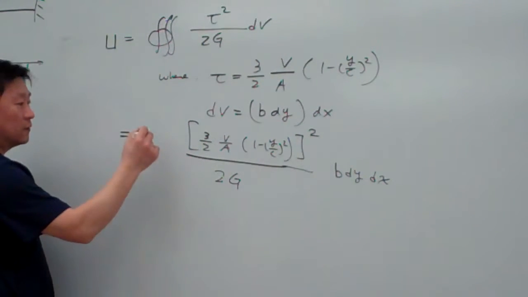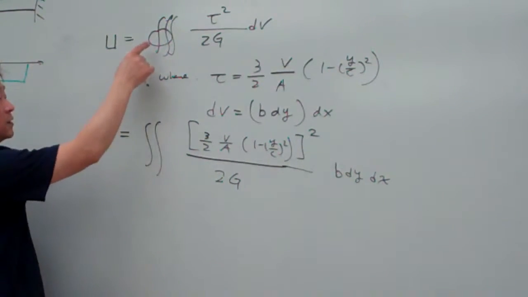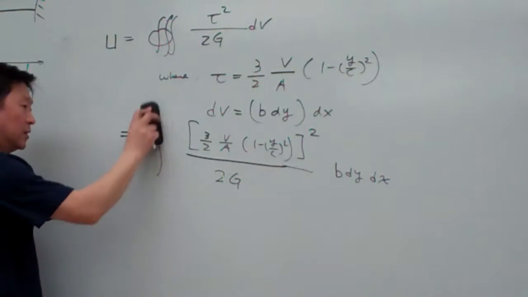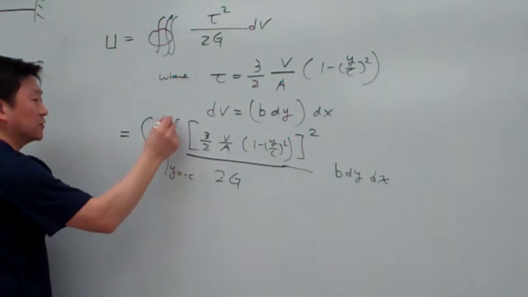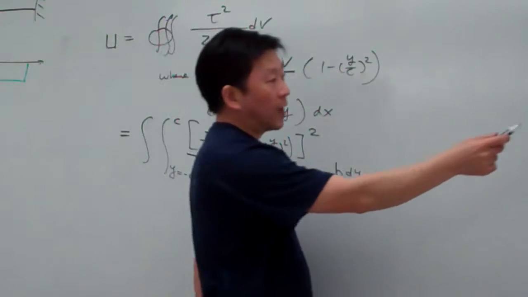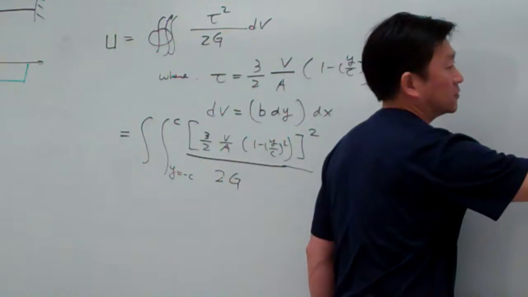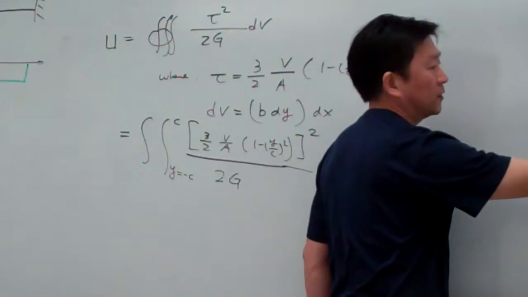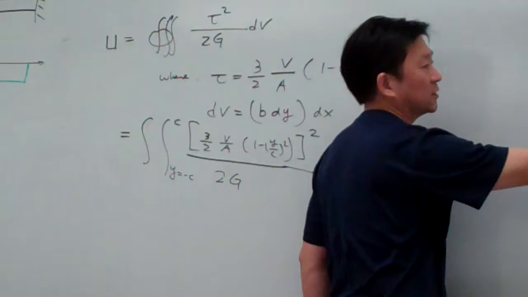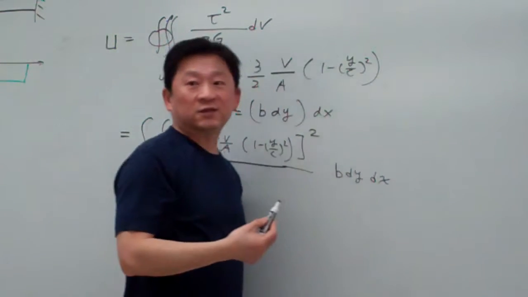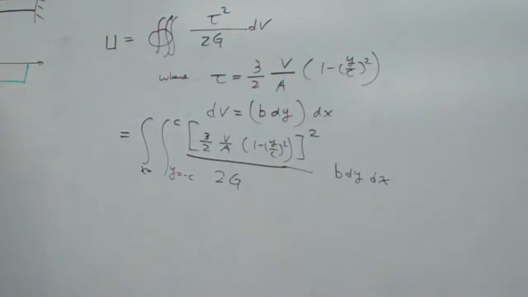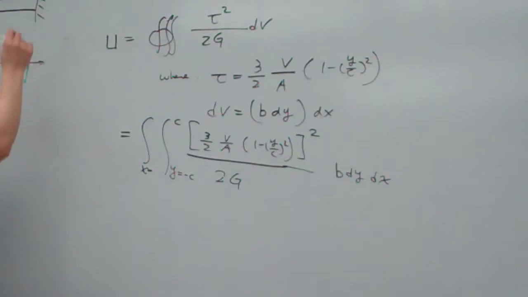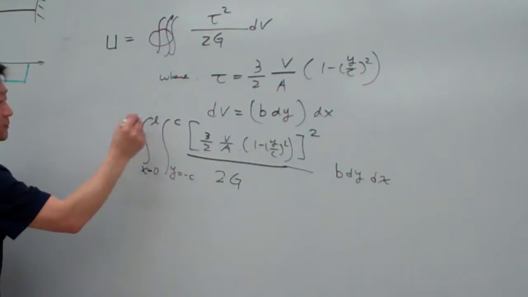From here you can see the integral becomes integration over y from minus C to C, utilizing the notation C, from the bottom y equals minus C, through 0, to positive C. And for x, measured from here, if the whole length is L, the integration is from 0 to L.